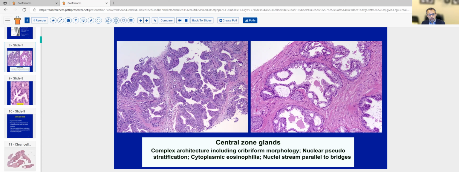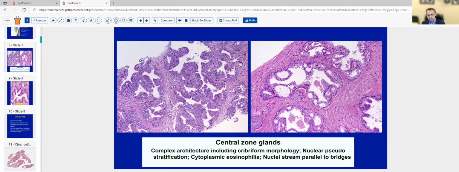The most helpful feature in my experience is the presence of cytoplasmic eosinophilia. You can see here that these glands have a distinct cytoplasmic eosinophilia. And remember, I told you that the atypical spectrum is characterized by amphophilic cytoplasm, while this distinct cytoplasmic eosinophilia is very, very helpful.